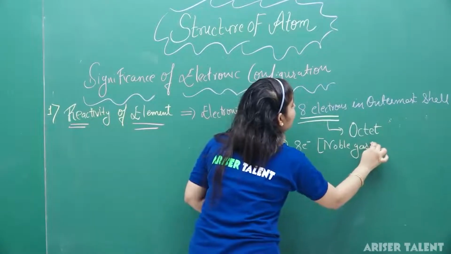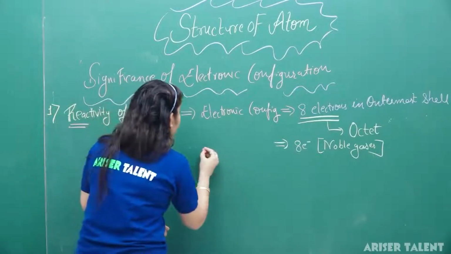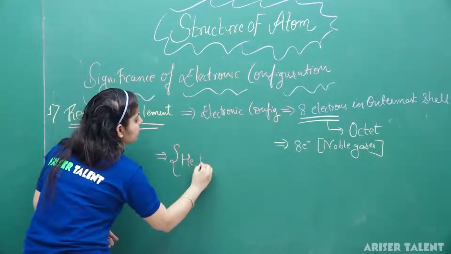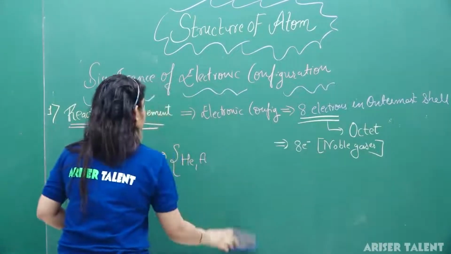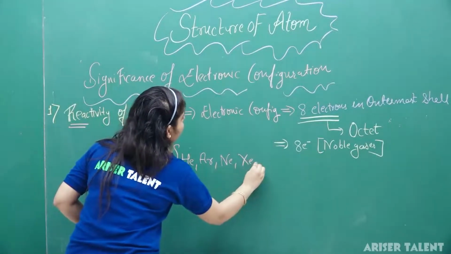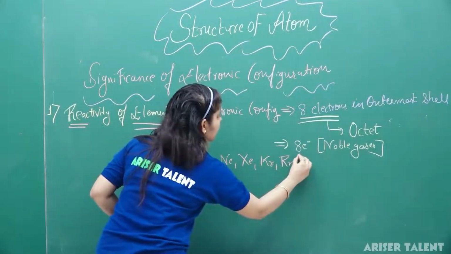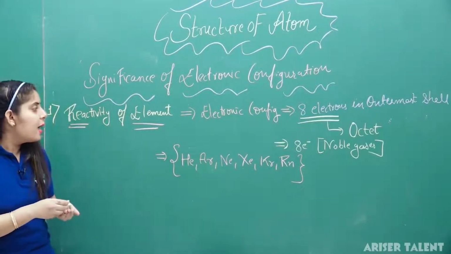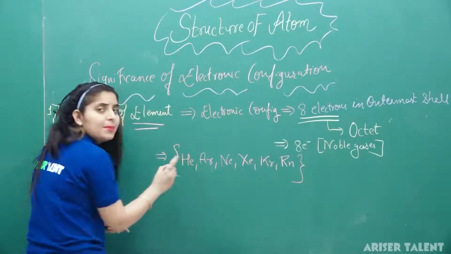We have certain noble gases which have 8 electrons in their outermost shell, and these noble gases are helium, argon, neon, xenon, krypton and radon. These have 8 electrons in the outermost shell, but here helium is an exception.